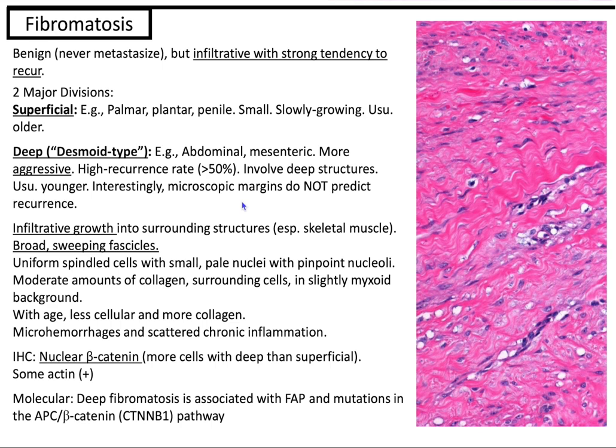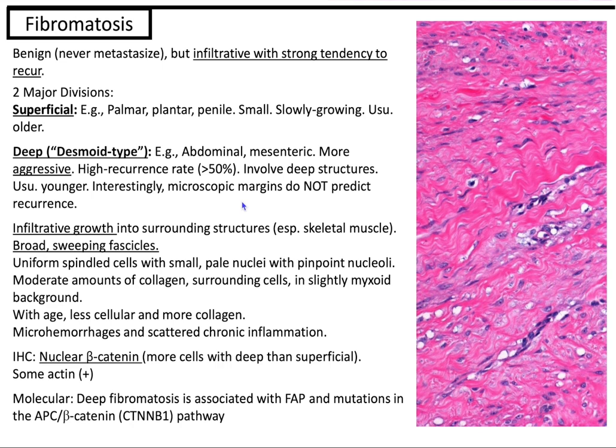Okay, deep desmoid type: abdominal, mesenteric. It's more aggressive and has a high recurrence rate, greater than 50%. It involves the deep structures. And interestingly, even if you have microscopic positive margins on your excision, that does not predict recurrence.